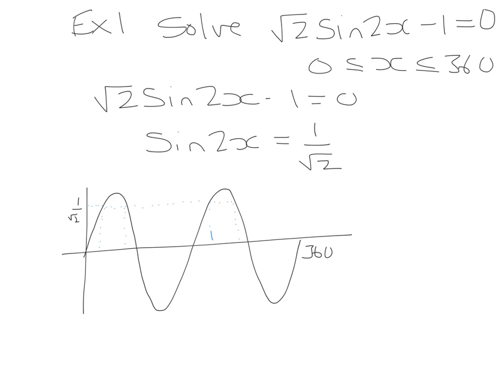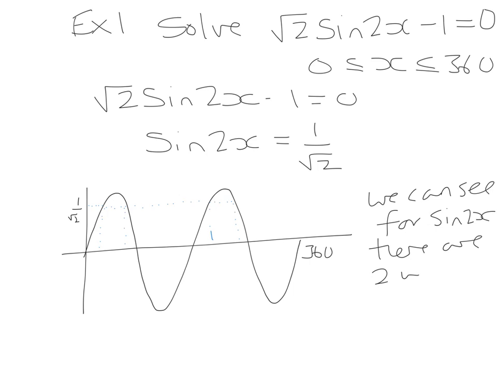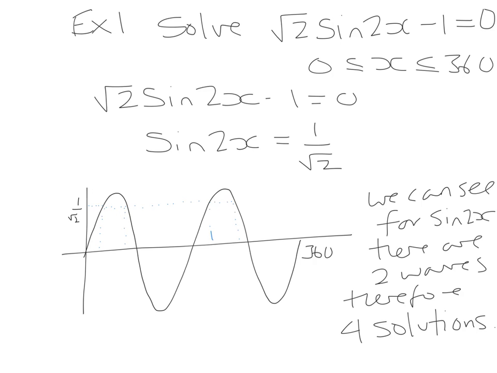So for every wave, there will be 2 answers. So we can see for sine 2x, there are 2 waves, therefore 4 solutions to the trig equation.